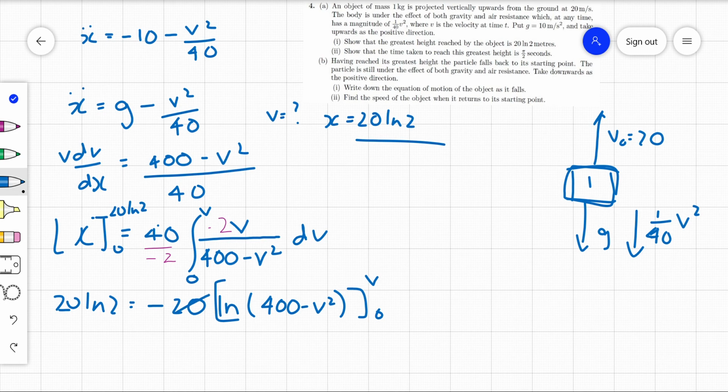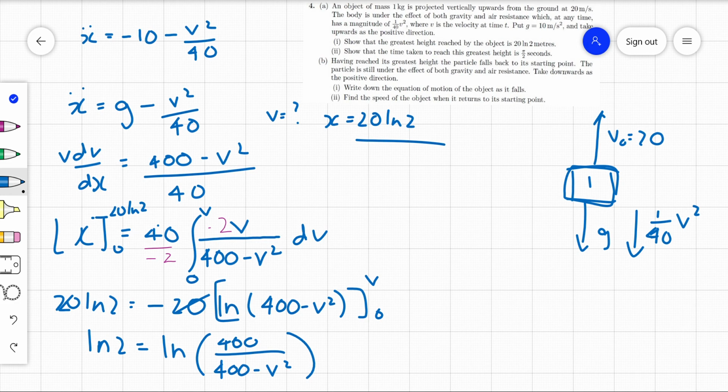So you can see those 20s will cancel. So I've got log 2 is equal to, I'll change my limits around so I can have a positive log. So I'll sub 0 in first, and I'll get 400. Then I will sub v in, so I've got 400 minus v squared. Alright, so you can see there, they're both logs.